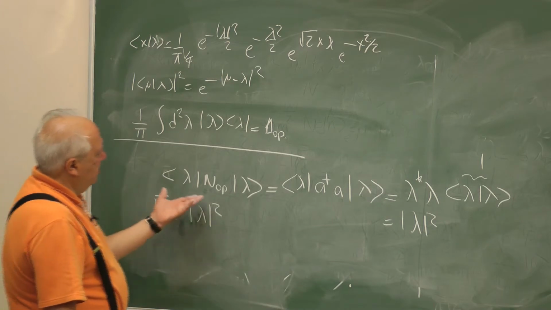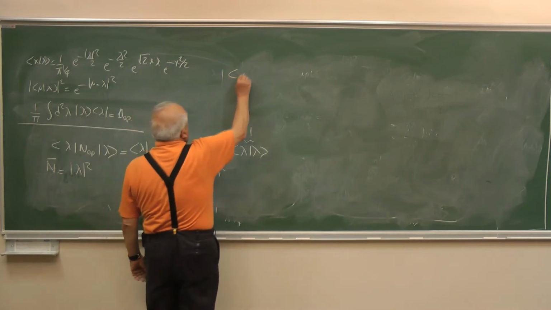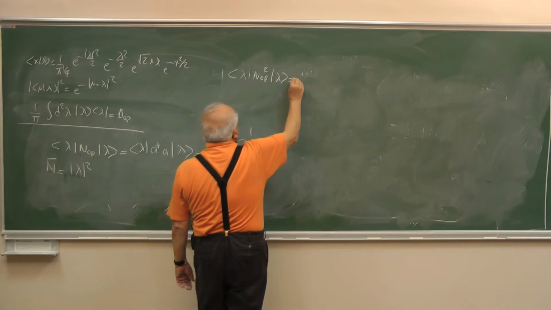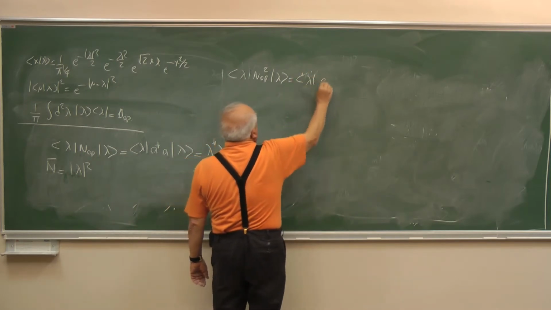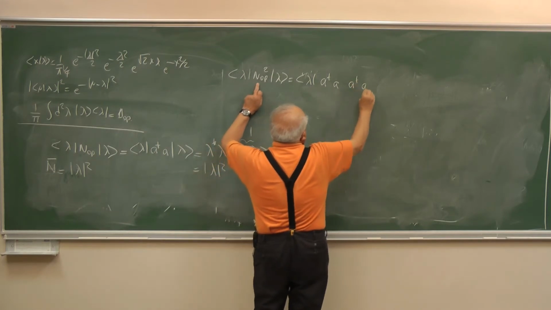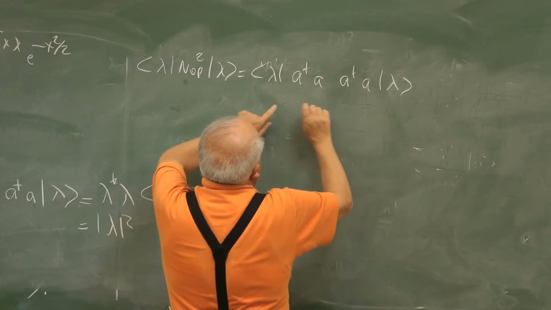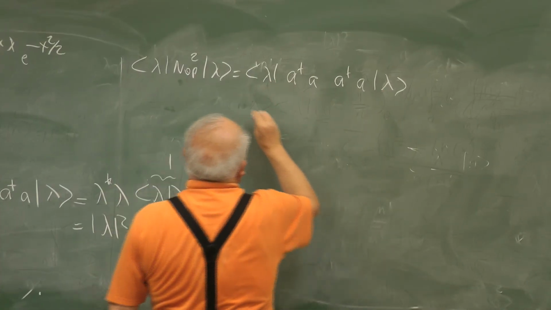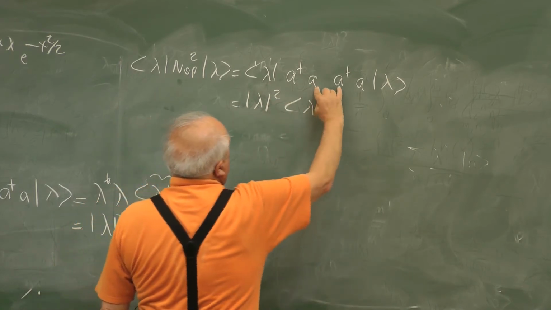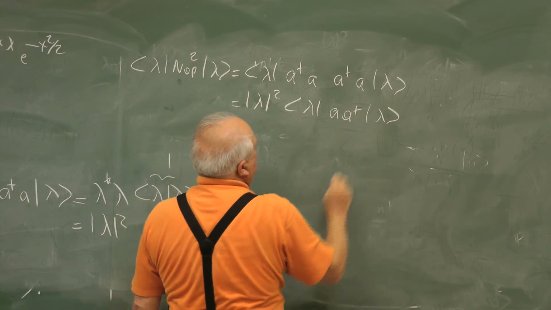All right. Next thing to look at is n square. So what is lambda n operator square lambda? So we write lambda a dagger a and then another a dagger a lambda. So these are okay. A acting on lambda, a dagger acting on lambda. So I have here lambda square, and those in the middle are here a dagger lambda.